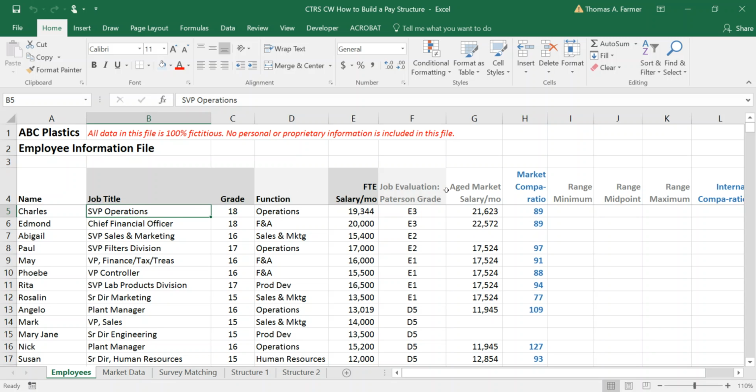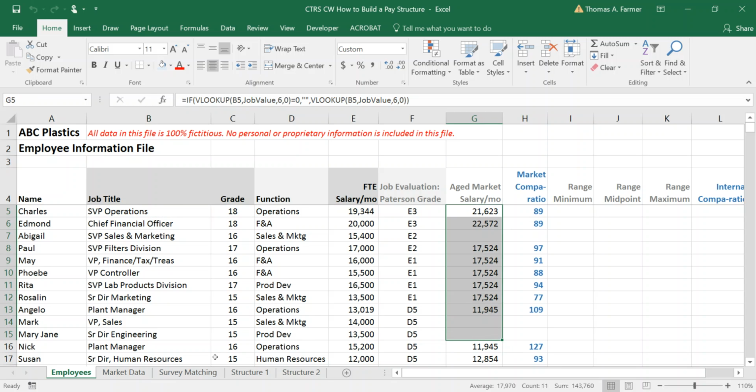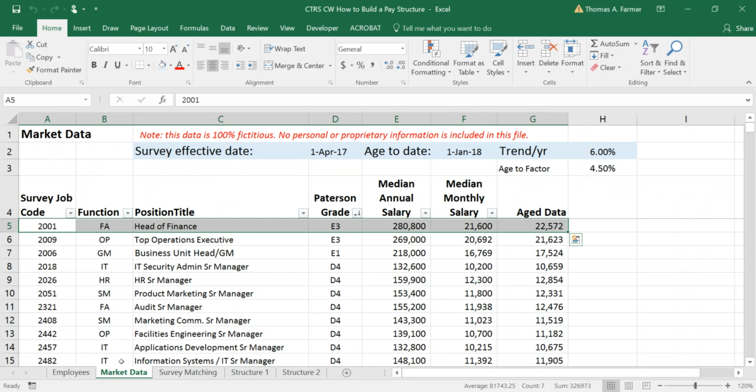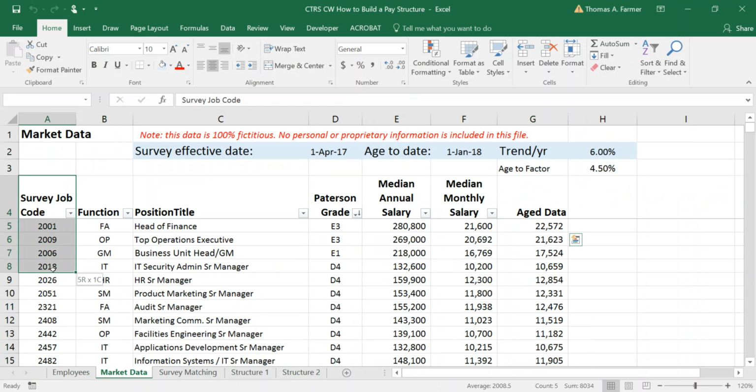Okay, let's take a quick look at what else we have, at where this market data came from. I have some fictitious market data here. Survey job code. It also indicates function. Some companies build one-size-fits-all salary ranges for each grade. It doesn't matter what function you're in.